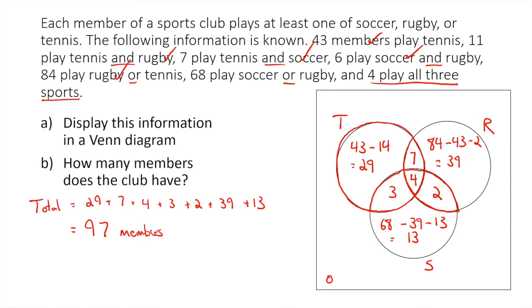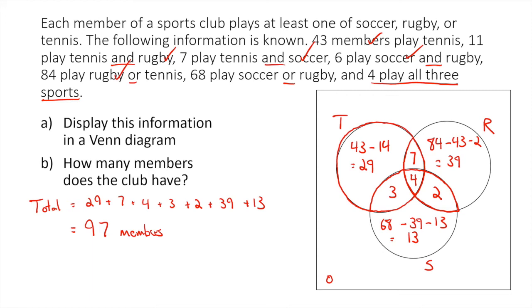So you are more than welcome to exploit the fact that we knew that the full circle of tennis was 43 or whatever scenario you want to do, but at the end of the day, every single number inside those circles has to add up to the total number of members. And in this case, we have 97.